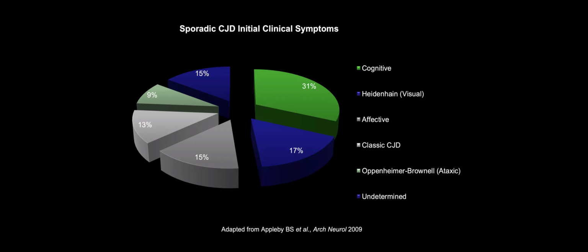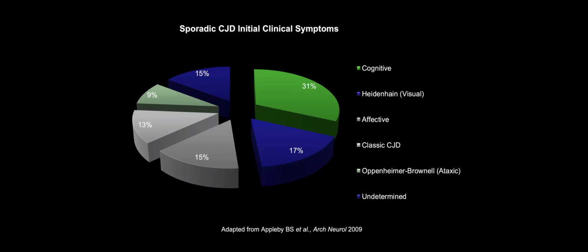So if you look at the initial clinical symptoms of patients with sporadic CJD, the plurality just have isolated symptoms in their thinking. So if you go to a doctor with that, they may think of much more common causes of those symptoms like dementia, Alzheimer's disease, maybe depression, but you're certainly not going to think about CJD. 17% will have just visual changes, and sometimes these cases are extremely quick.